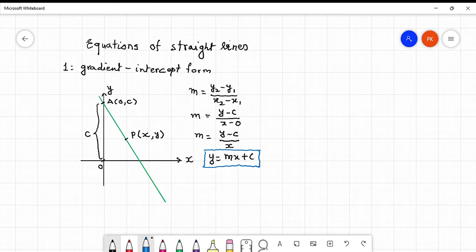Okay, so let us see some examples here. Suppose the equation of the line is y is equal to 3x plus 2. This is the equation of the line.